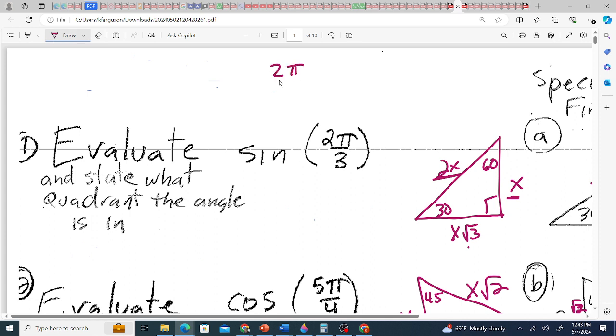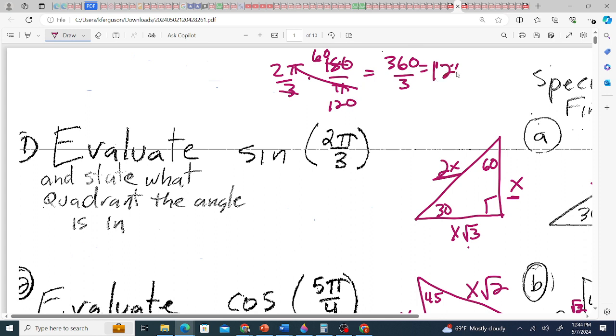So 2 pi over 3. Now how do I change that to degrees? 180 over pi. Pi's cancel off. I could multiply straight across and get 360 divided by 3, or I could cross cancel, and I get 120. Either way, you get 120.